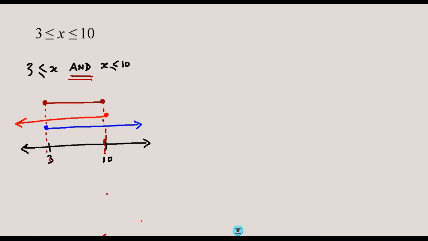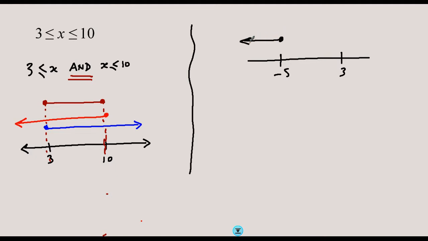Alternatively, if, for example, you have this setup on the number line, let's do this as an open circle, then this implies that you have two regions.